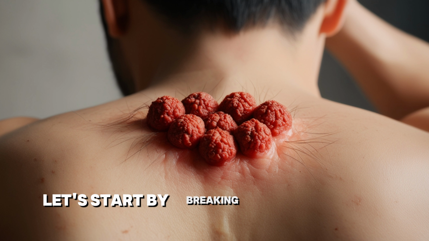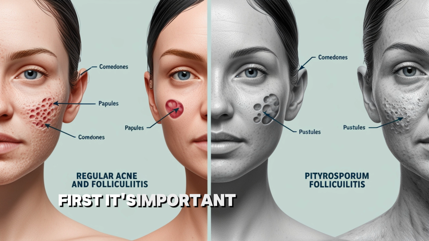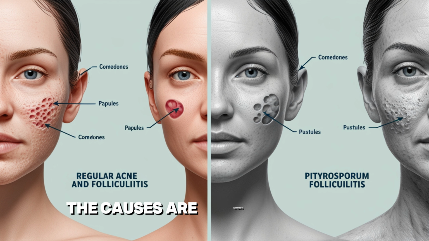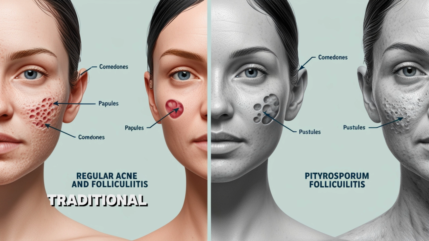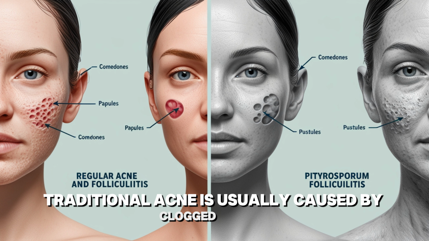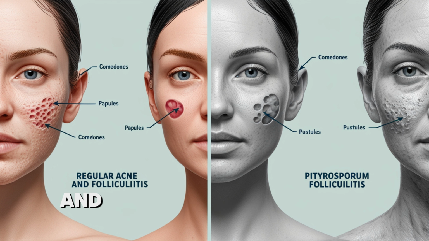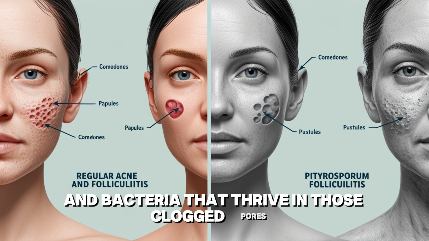What exactly is fungal acne? Let's start by breaking down the term fungal acne. First, it's important to understand that while the symptoms may resemble acne, the causes are entirely different. Traditional acne is usually caused by clogged pores, an overproduction of sebum, skin oil, and bacteria that thrive in those clogged pores.